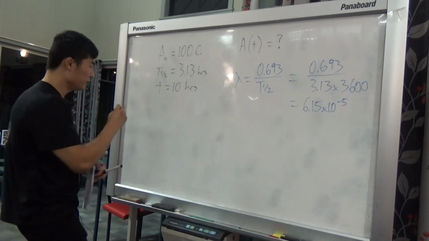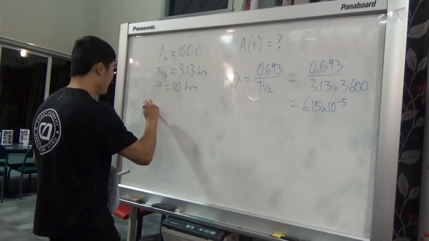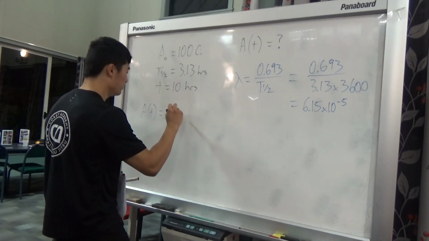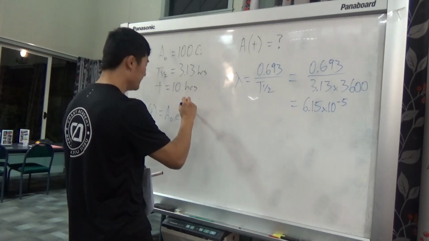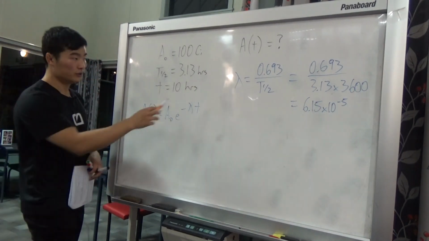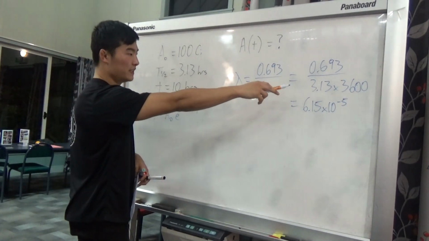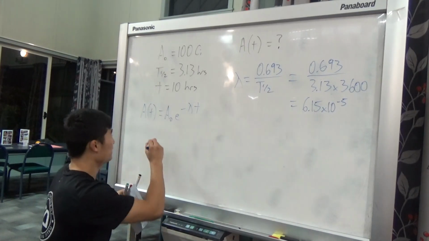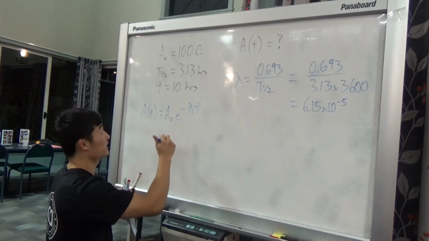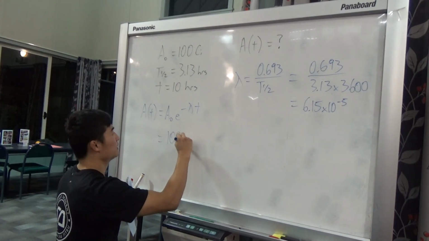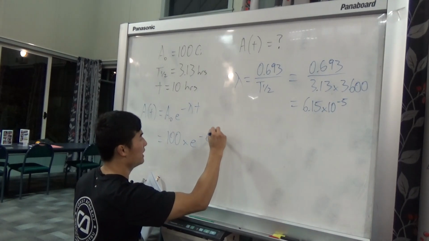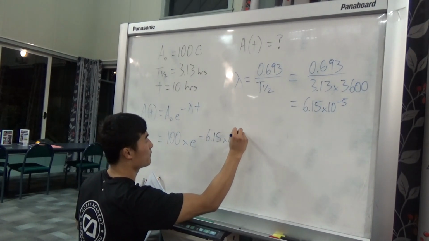So that means that when we use our equation, activity at time t is equal to the original activity multiplied by Euler's number to the power of negative decay constant times time. Because we use the half-life in seconds, we're going to have our time in seconds as well. So the original activity was 100, and the decay constant is 6.15 times 10 to the negative 5.